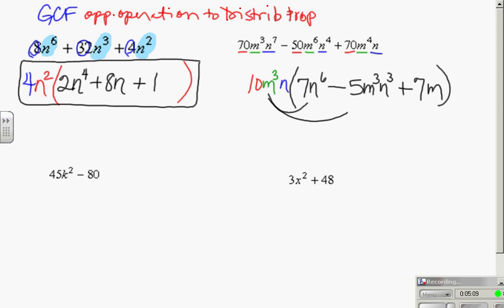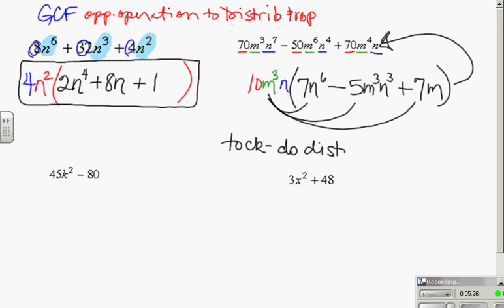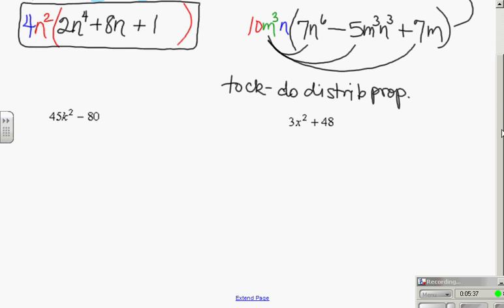If you want to check your problem and you do the distributive property, you will get right back to where you started. To check it, do the distributive property. Because remember, we don't want to change the numerical value of our problem, we just want to change the way it looks. That is completely factored.